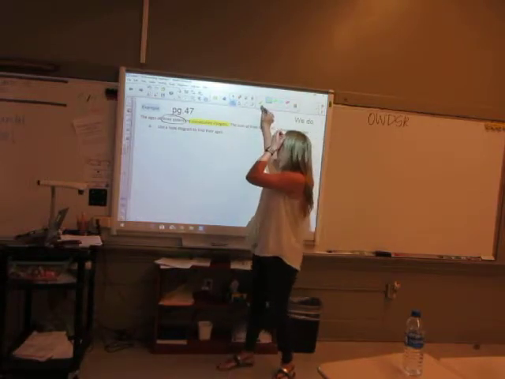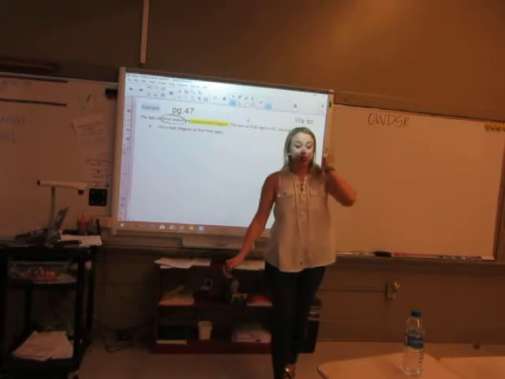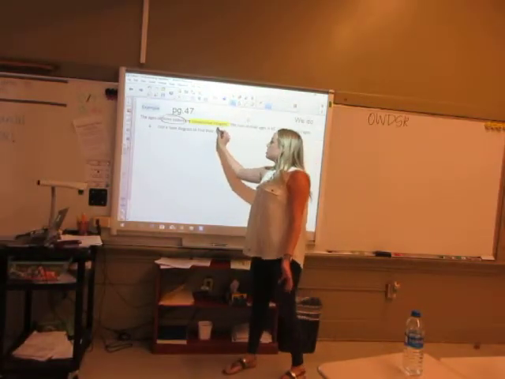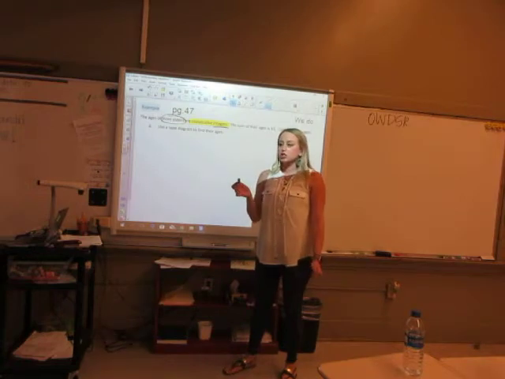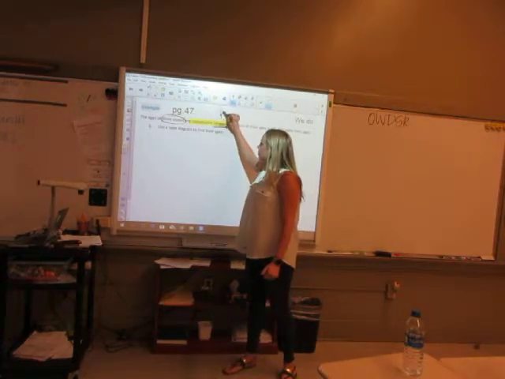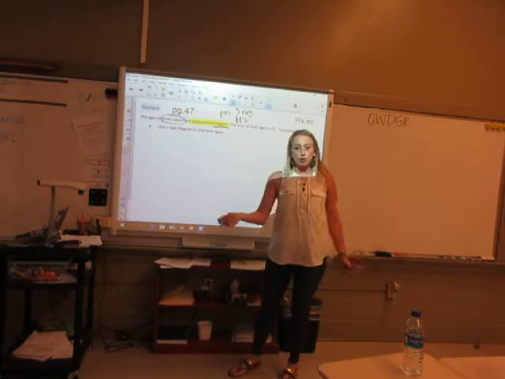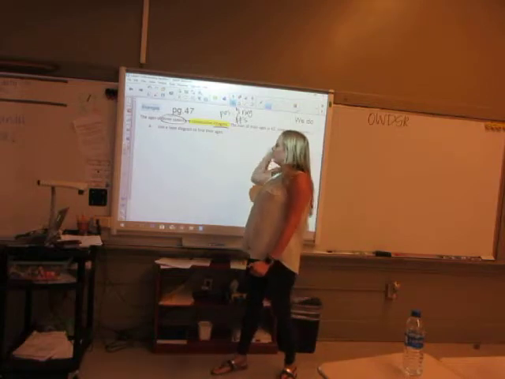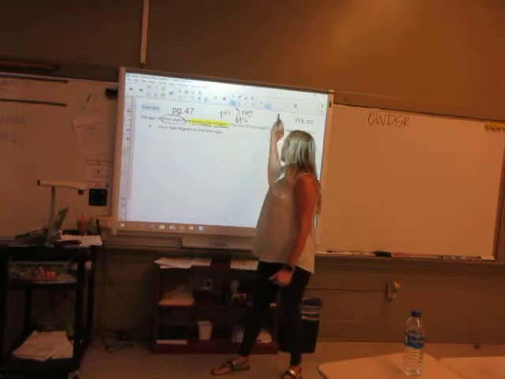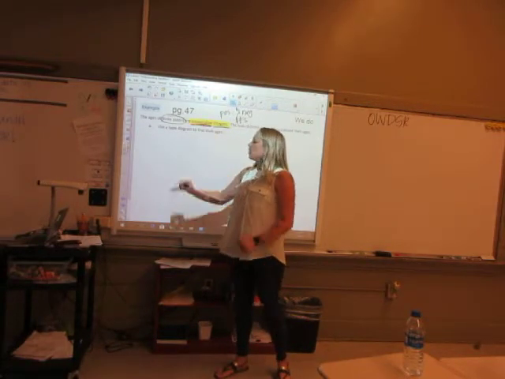Consecutive integers. Let's think about what we know about these 2 words. Well, we've already talked about integers. Integers are positive and negative numbers, or 0, which is neutral. Consecutive. Let's think about the word consecutive.